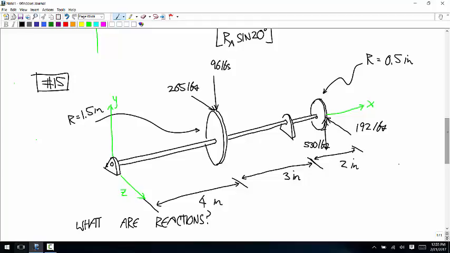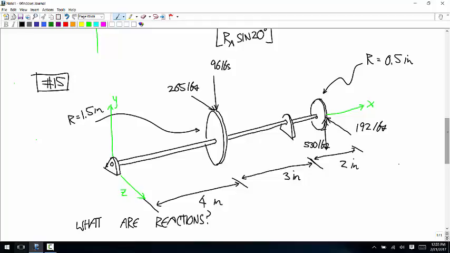And then what about the couples? A pin joint can provide 2 couples too, right? One that prevents rotation about the y-axis, and one about the z-axis. In this case, are we going to include those couples? This is an important point. We're not, and it's a very specific reason for this answer.